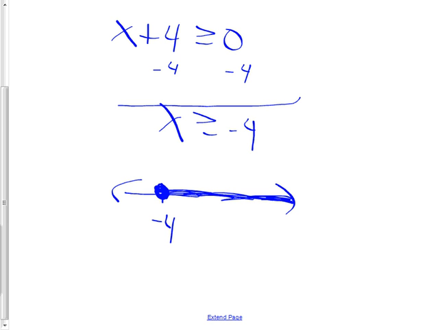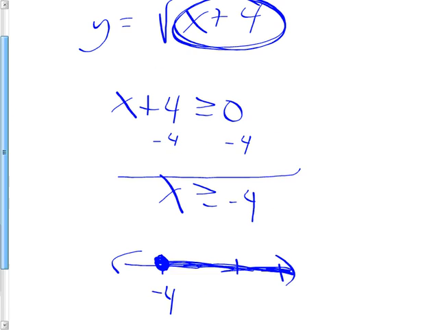So that means that its domain is numbers like -4 or 0 or 25 or any number that's bigger than -4. So final answer, -4 to infinity. Can it be -4? Yes, bracket. There we go. That is the domain of that function.